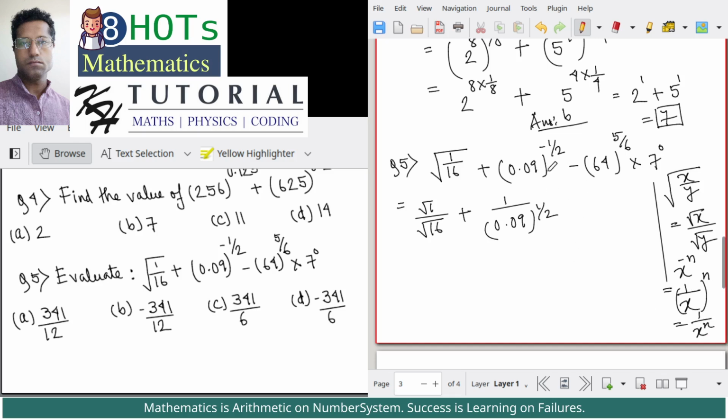So 0.09 whole raised to the power minus half will be equal to 1 by 0.09 whole raised to the power half, minus we have 64 raised to the power 5 by 6.